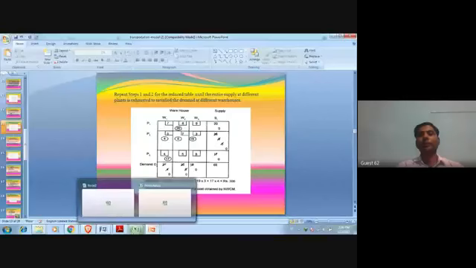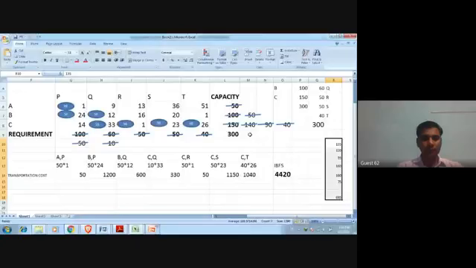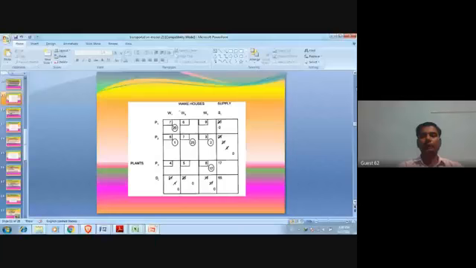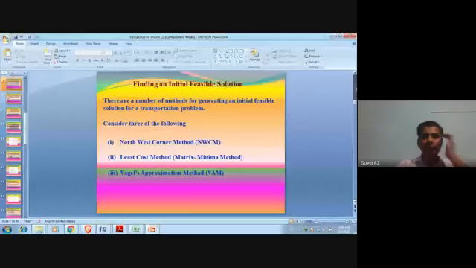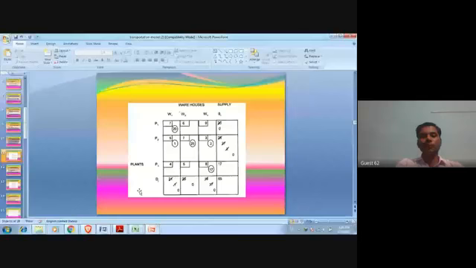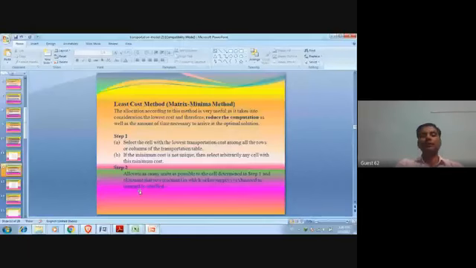Yes, this was the NWCM method. In this I told you a numerical, and after applying the NWCM method, the transportation cost came to 462.